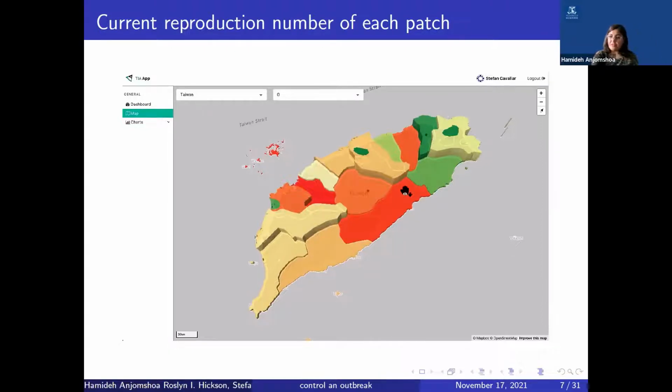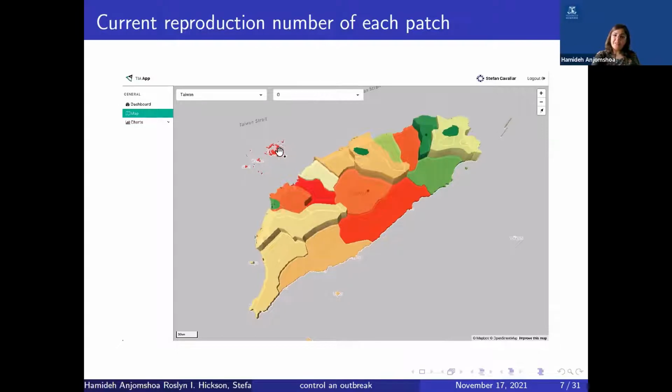The other thing you need to look at here is that the population in each patch is different. For example, here at the right side we have a green patch, and the height of that patch is pretty high, meaning many people live in that region. Here in the middle it's red, but the population is not very large.